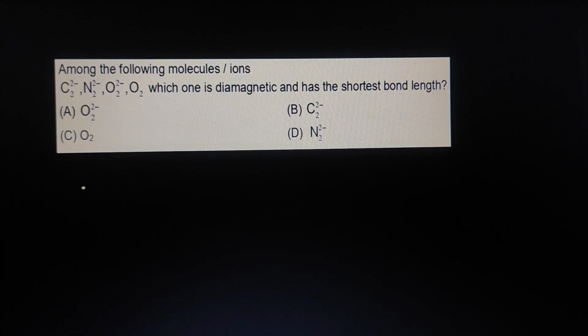So here in the compound C2 2 minus, the number of electrons is 6 plus 6 for 2 carbons and plus 2 for the 2 negative charge. So overall 14 electrons, and it is isoelectronic with nitrogen N2, and as we know N2 is triple bonded.